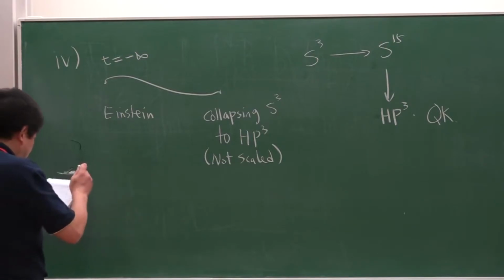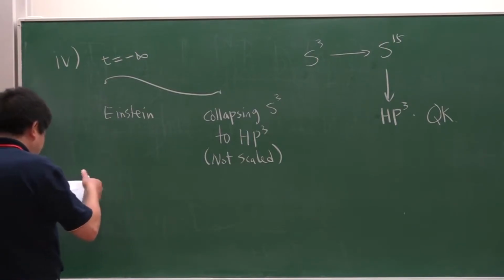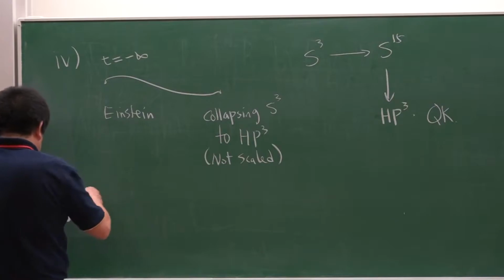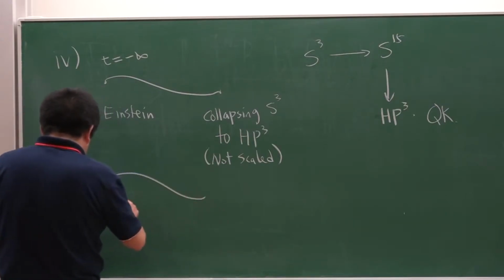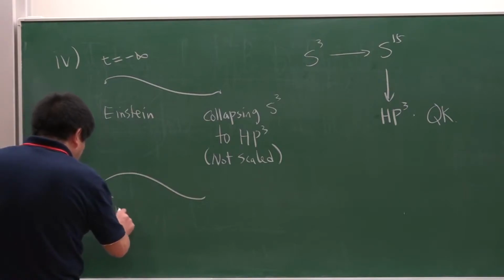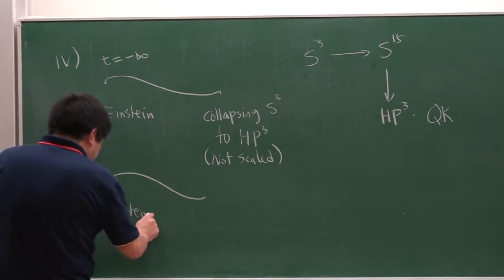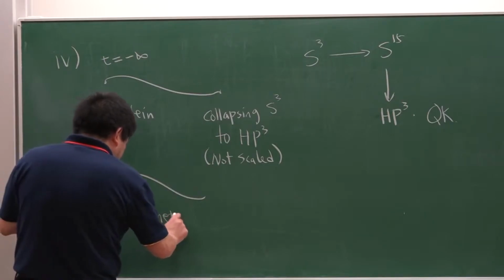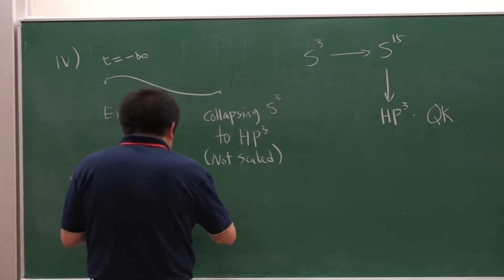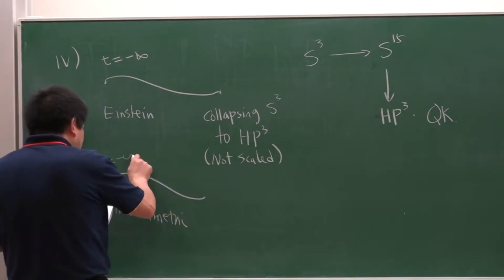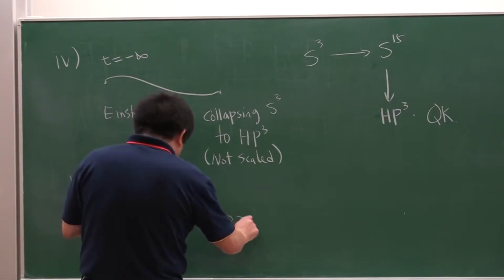So the last one is the following. This is the Einstein metric. This is t equal to minus infinity. This is t approach to singular time.